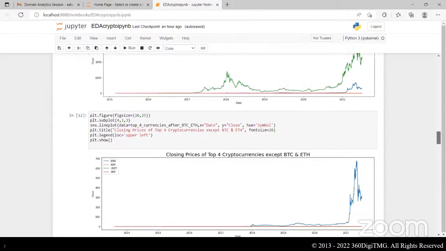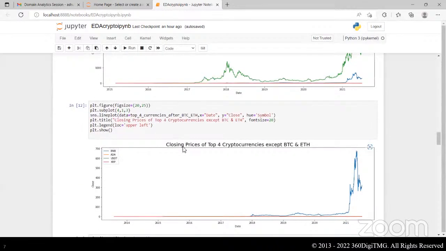Then I'm also trying to visualize the closing price of top 4 cryptocurrencies except your Bitcoin and your Ethereum. Here I've taken the iteration as 3. So here you can observe the closing price for your BNB and XRP.